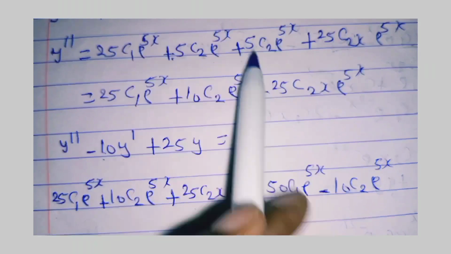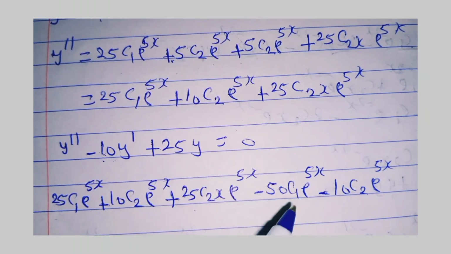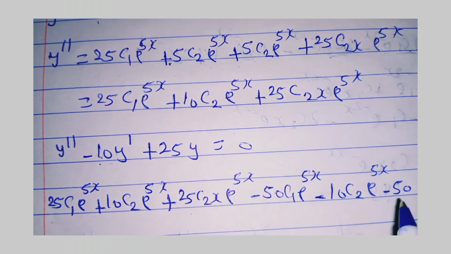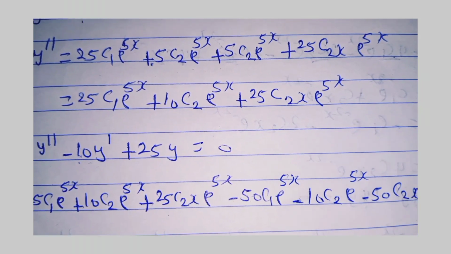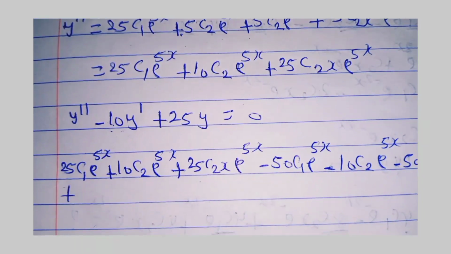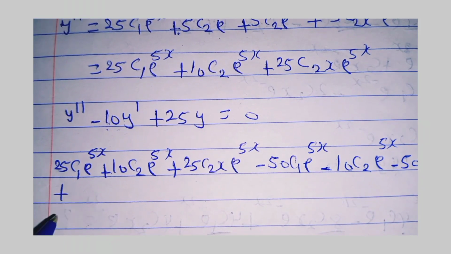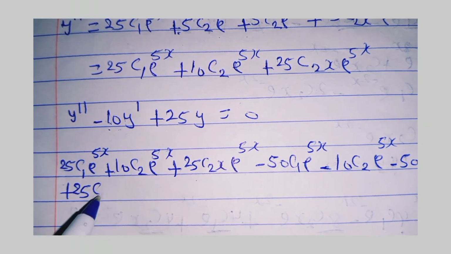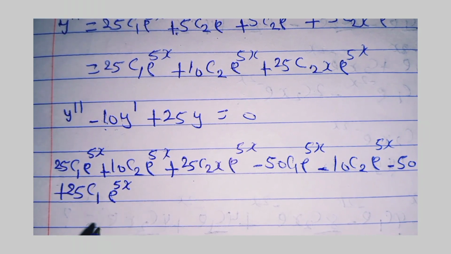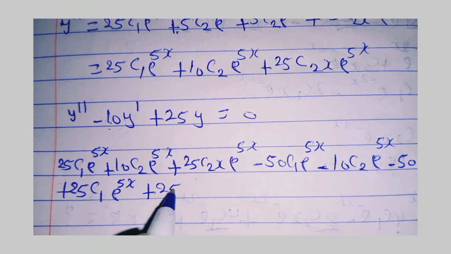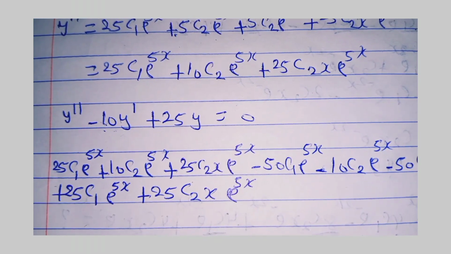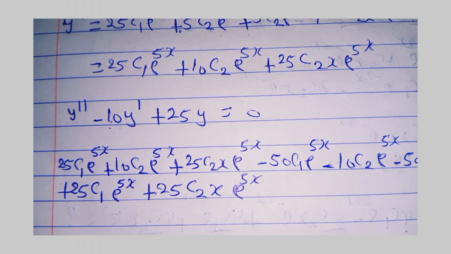Negative 10 times 5, the one which is here, c2x will give you negative 50 c2x exponential 5x, plus finally 25 c1 exponential 5x plus 25 c2x exponential 5x.